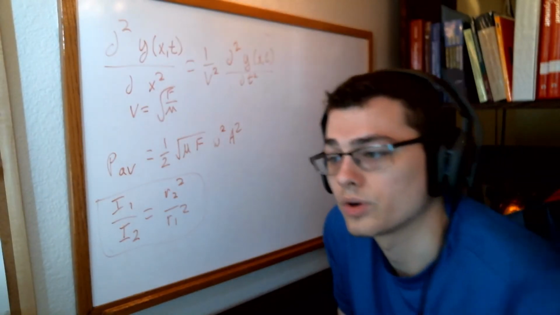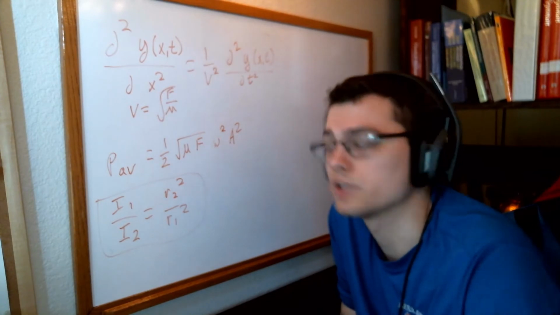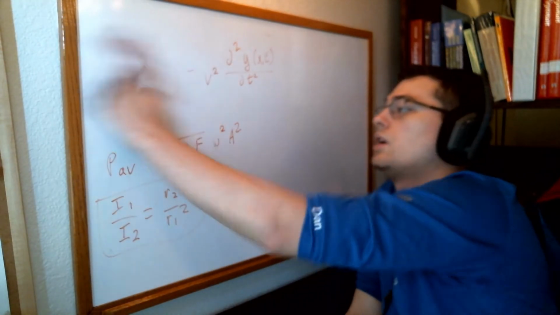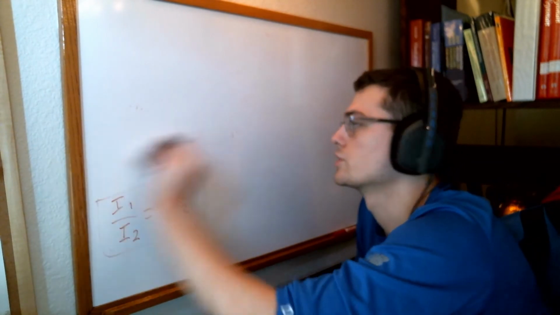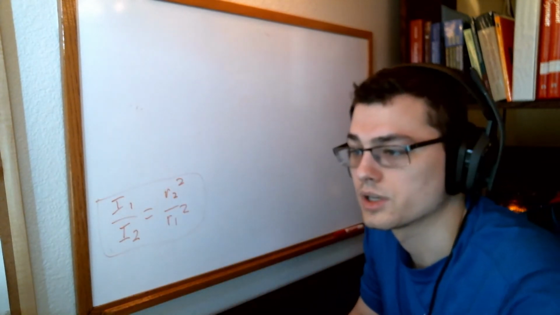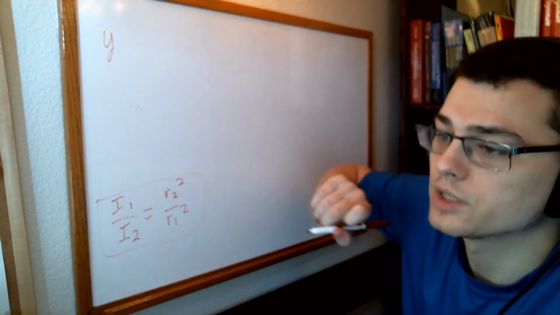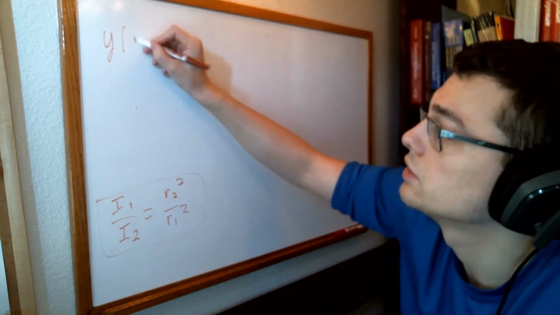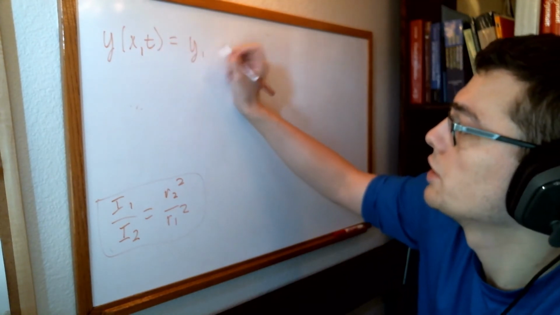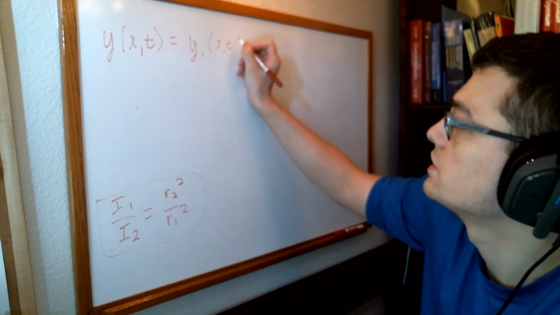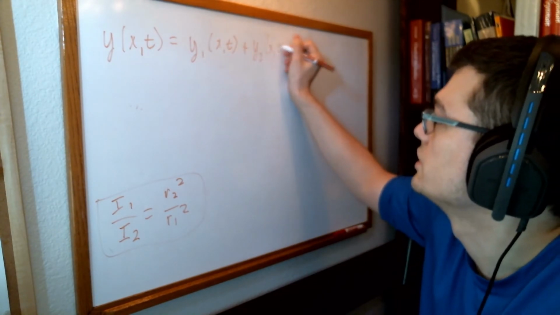Another thing that we're going to have to talk about is wave superposition. Just like we can superpose forces, in this case, we can also superpose waves. So this is another little analog here. If we have two different waves, we can find their combined wave function. y(x,t) is going to be equal to y1(x,t) plus y2(x,t).